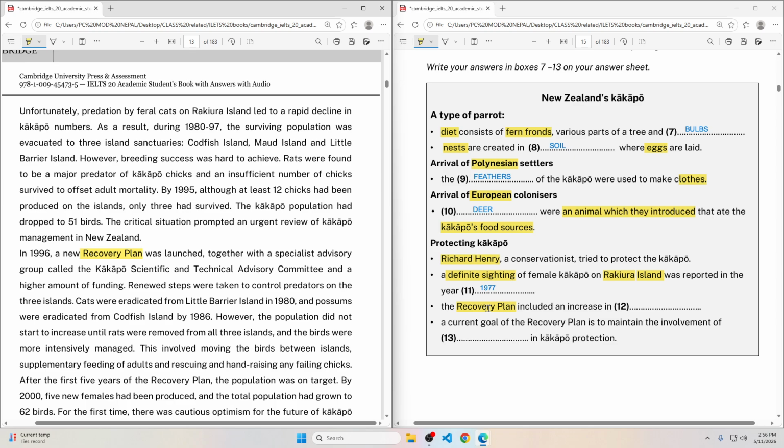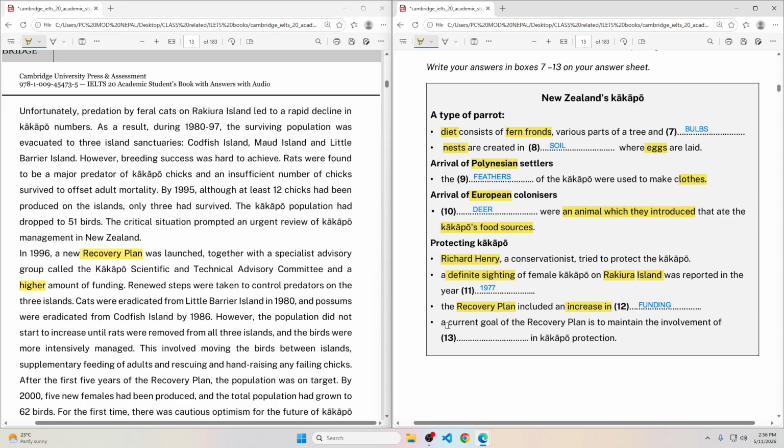The recovery plan included an increase. So what are they increasing for the recovery plan? Higher amount of funding, or increase in funding.